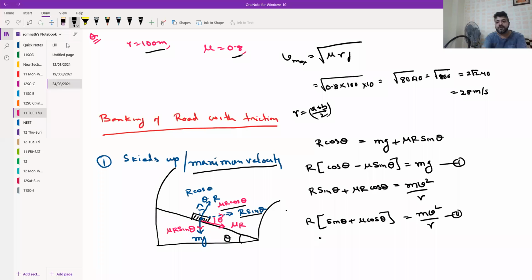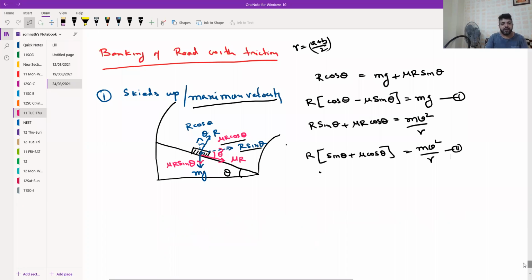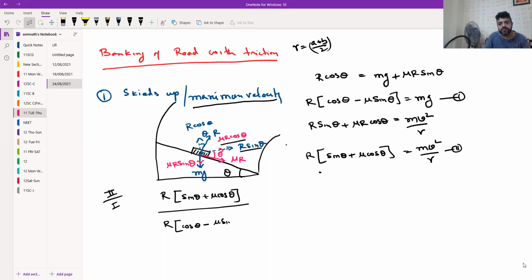Now from equation 1 and 2, dividing equation 2 by equation 1, we have sin theta plus mu cos theta by cos theta minus mu sin theta equals m v square by r g.